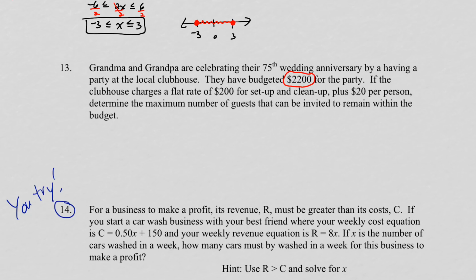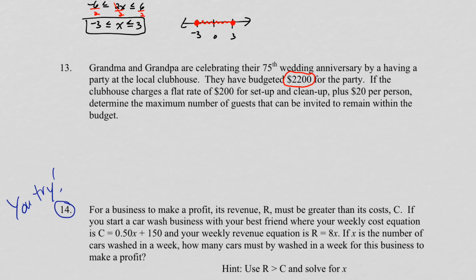So this is a party, a 75th wedding anniversary, and it does cost money either to do this yourself or to go somewhere else and have somebody run the party for you. Either way, it's going to cost money.